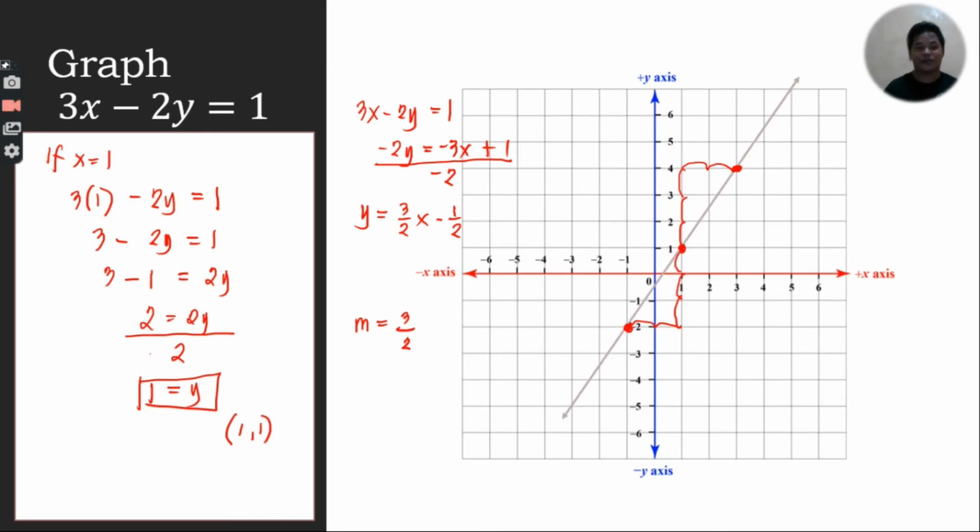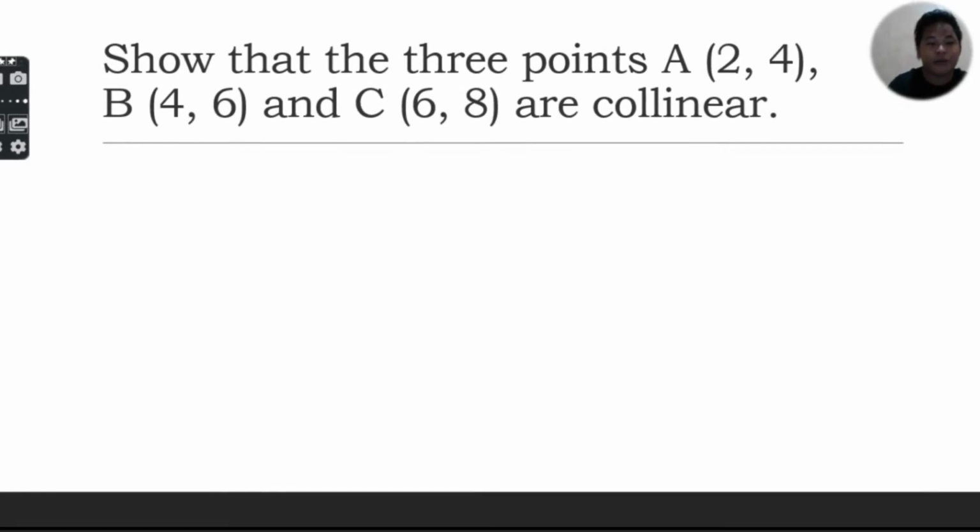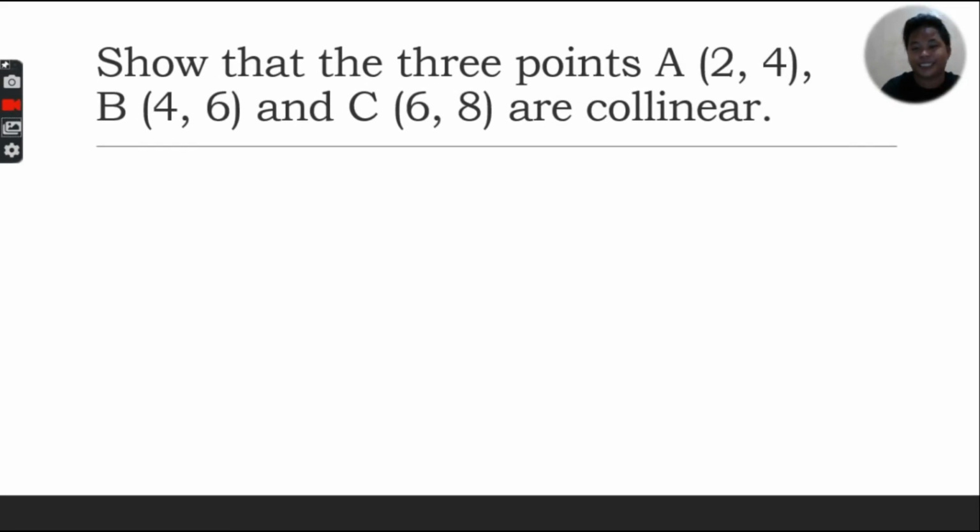So, ayan, very good. We're going to show that the 3 points A (2, 4), B (4, 6), and C (6, 8) are collinear. So, we're going to determine the slope of the 2 points.